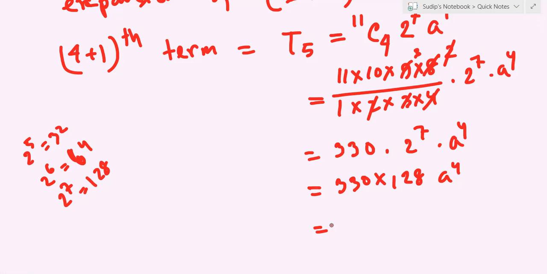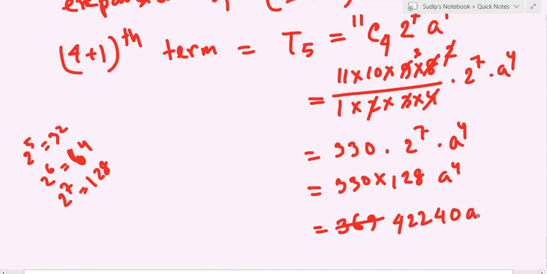We will multiply those. We'll get 42240 a to the power 4. This is the fifth term of the series.